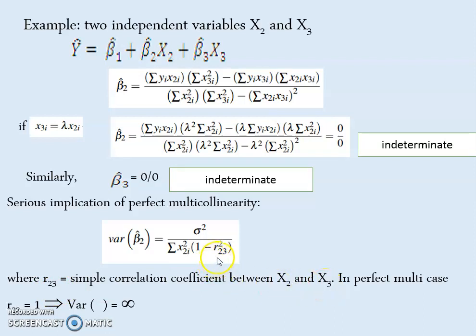So if r23 is 1, then r23 squared will be 1, and 1 minus 1 will be 0. So we get something over 0. When we get something over 0, it is undefined, meaning infinite.